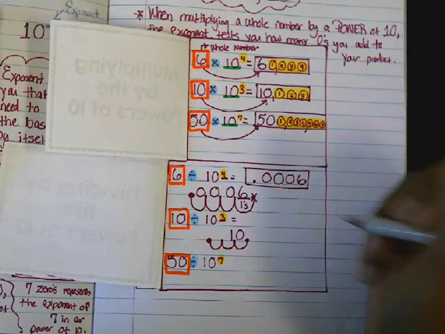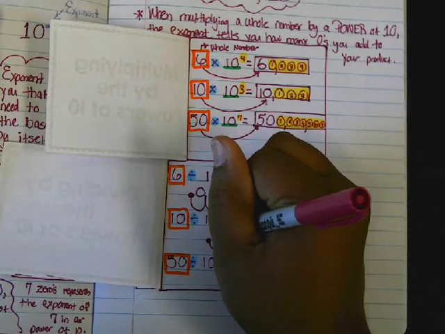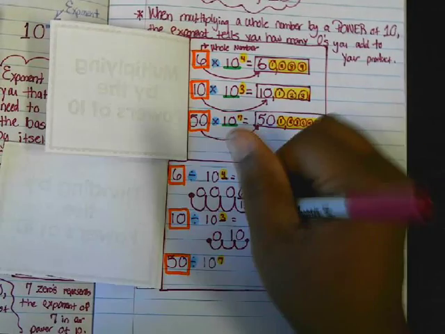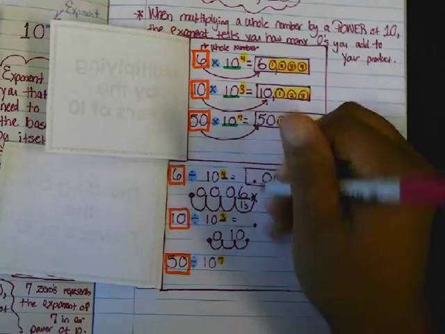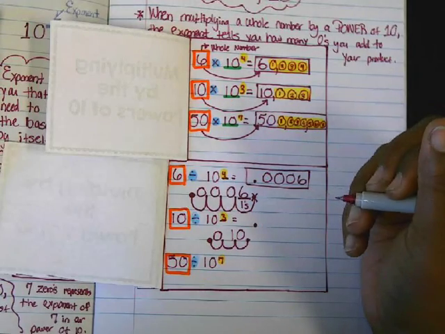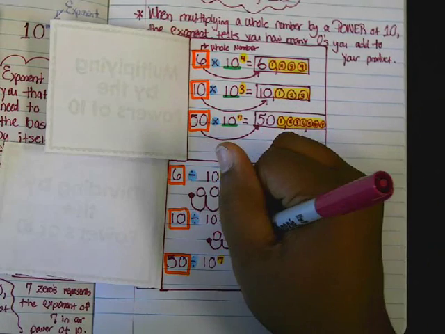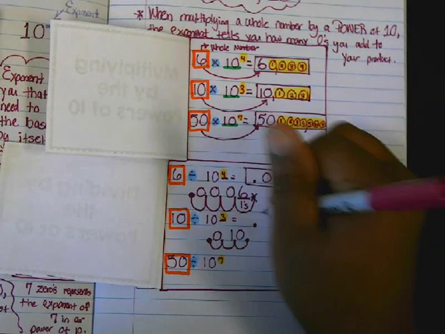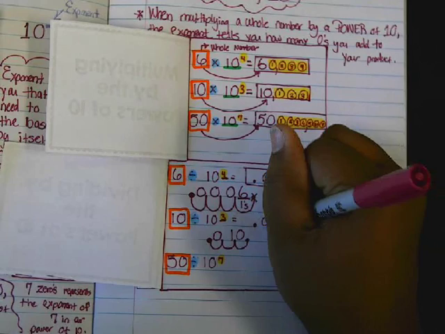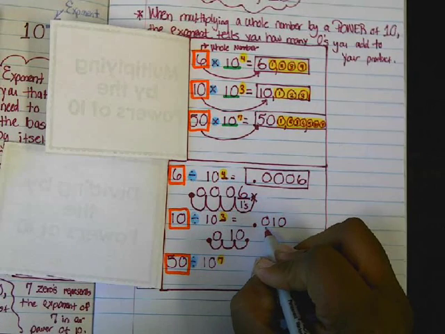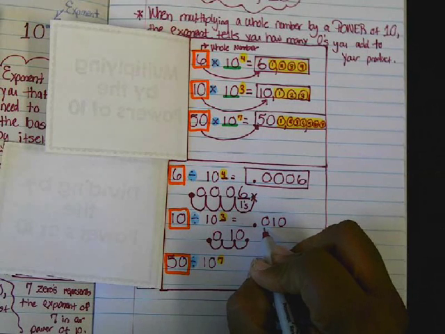And I am going to fill this other hump right here with a 0. Because the 0 is showing that there is still no value in that place, but I didn't want to have this huge gap in between the 1 and the decimal point, so I can fill it with a 0 to show that there's no difference in the value right here. It's still 0. I just put a 0 right there too, so there won't be an empty space.